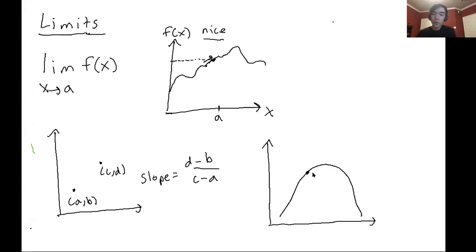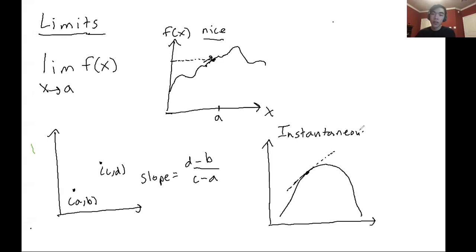So the most intuitive answer is I just draw a tangent line, a line that only intersects the function once at exactly that point, and I find the slope of that tangent line. That's the easiest way to think about it.